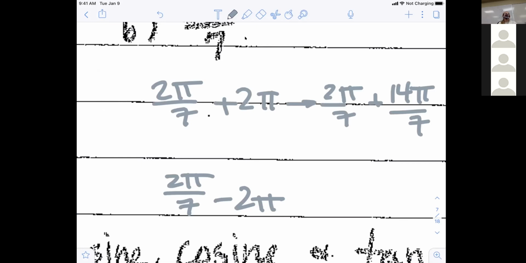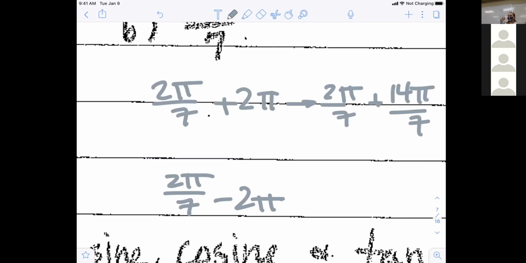So in order for it to have a 7 as a denominator, I need to figure out what my new numerator is going to be. I went back to elementary school math and took a whole piece and cut it into 7 pieces and another whole piece and cut it into 7 pieces. So I have 14 pieces broken up into 7. Also think about it this way, 14 divided by 7 is 2. So 2 pi is the same thing as 14 pi over 7. Is everyone cool with that?